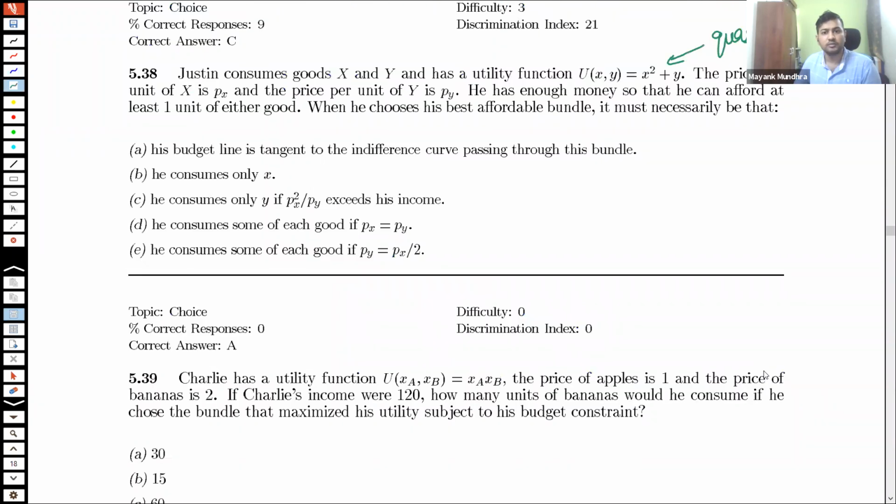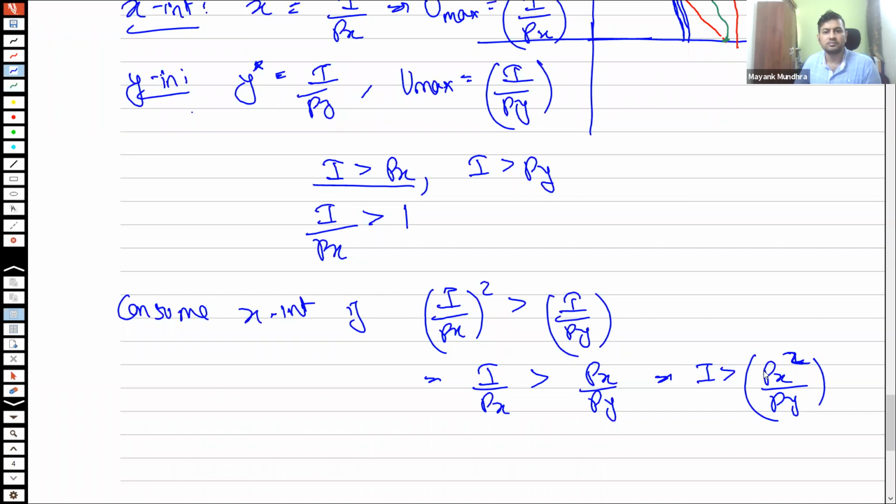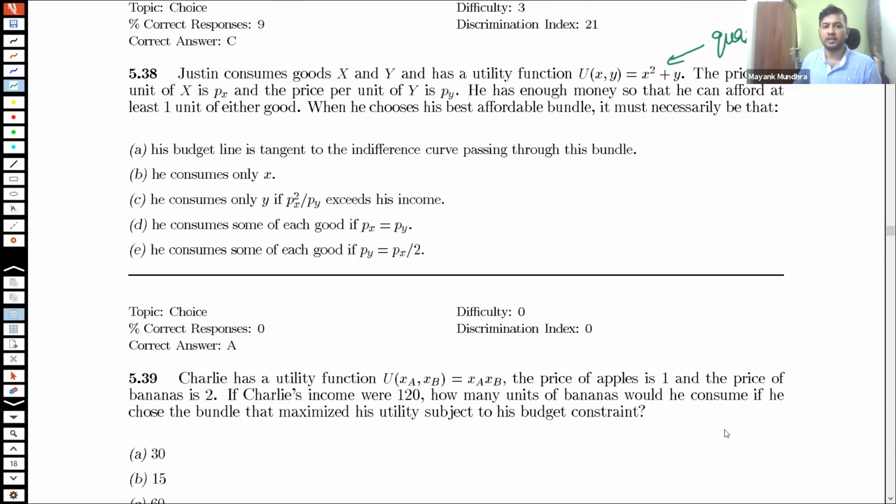Okay, so from here, what I can derive is, okay, this does not give me any other additional information. So the idea is that he'll consume x-intercept if I is greater than px square by py.